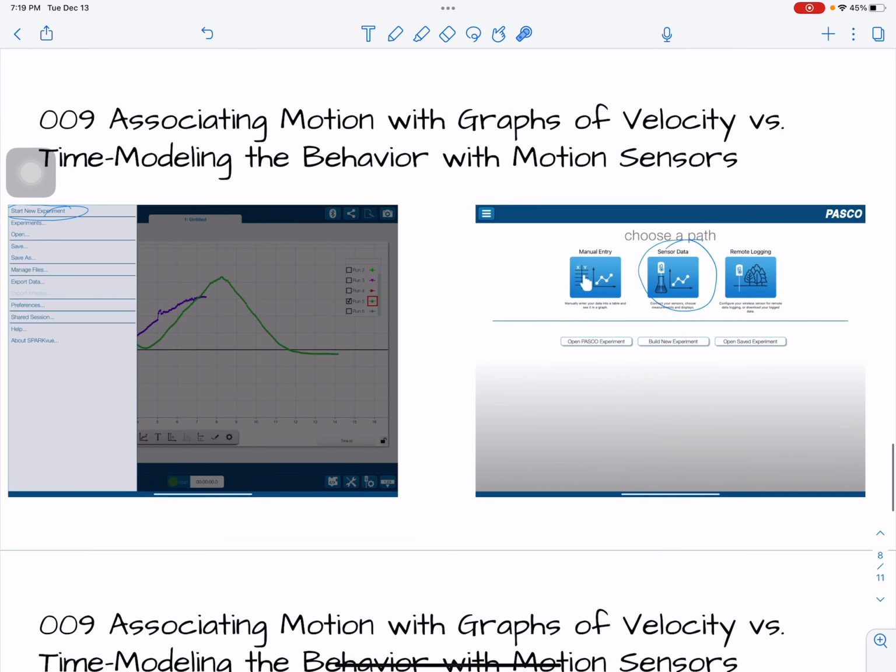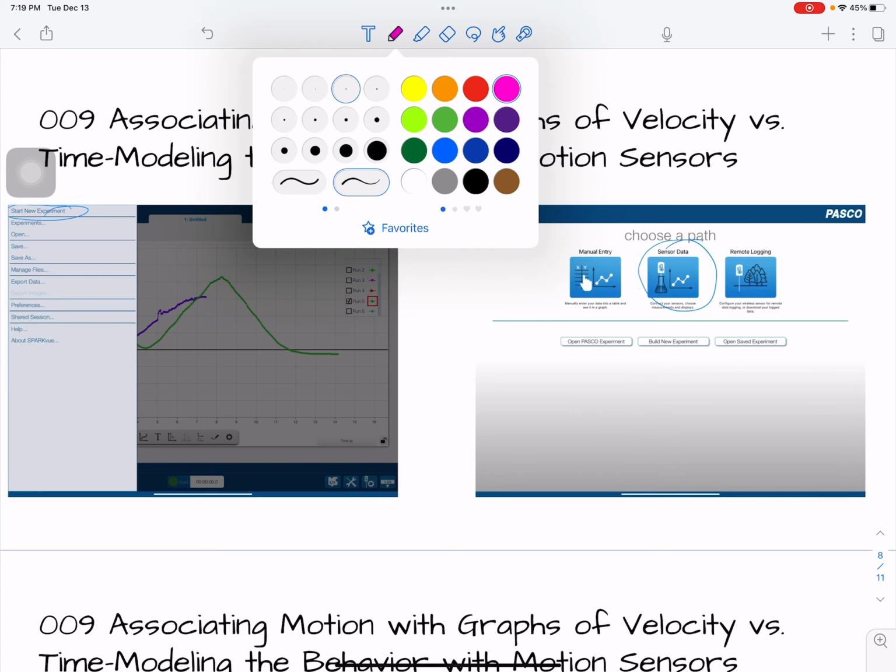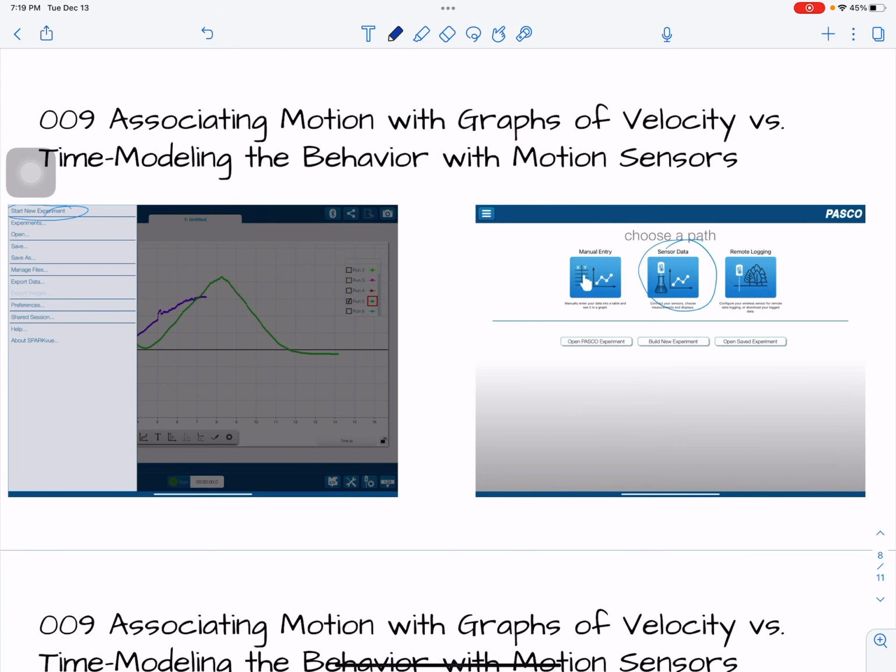All right, in case you have forgotten how to do it, you're going to grab one of the sensors from the side. They should all be charged. And you will open SparkView. So remember, this is SparkView, and it's the app that is kind of blue, and it's got a couple of white circles. You're going to go to the three lines at the top left, start a new experiment, and then choose the sensor data.